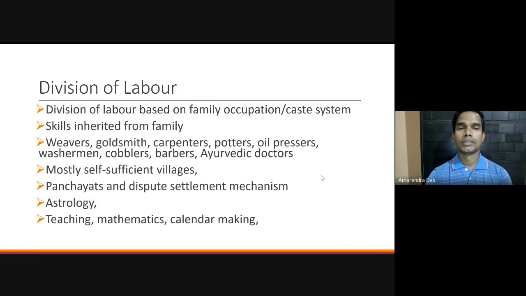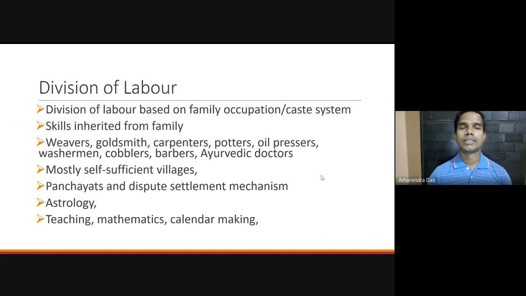The so-called lower caste, although I do not agree with the concept of lower and upper caste, were not allowed to study in the Gurukulas, so skills were transferred through the family institution. That's how we had weavers, goldsmiths, carpenters, potters, oil pressers, washermen, cobblers, barbers, and Ayurvedic doctors.